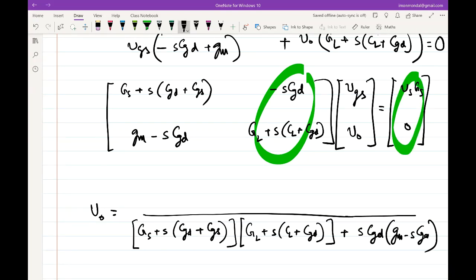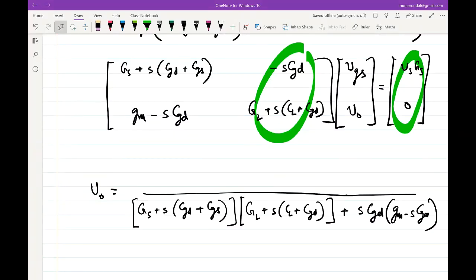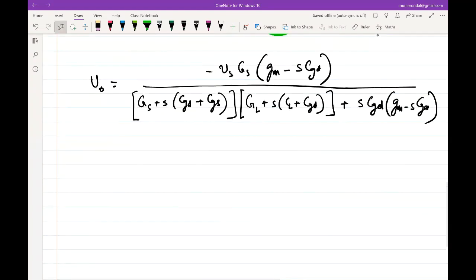Fortunately we have a 0. Actually I should use the phasor notation, so this should be V naught, this should be Vs.